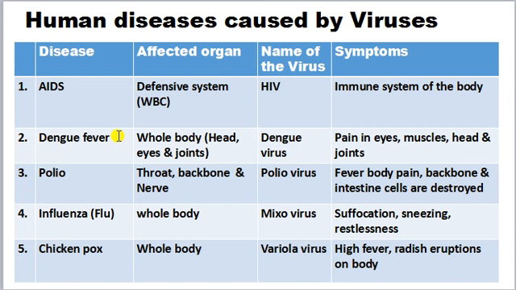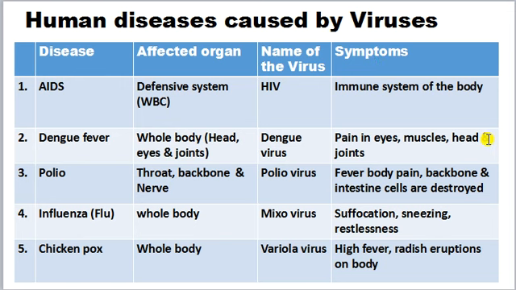Number 1, AIDS. AIDS, or acquired immunodeficiency syndrome, is caused by the human immunodeficiency virus, or HIV. It basically affects your defensive system, that means the WBC, white blood corpuscles of your blood, and it affects the immune system of the body.